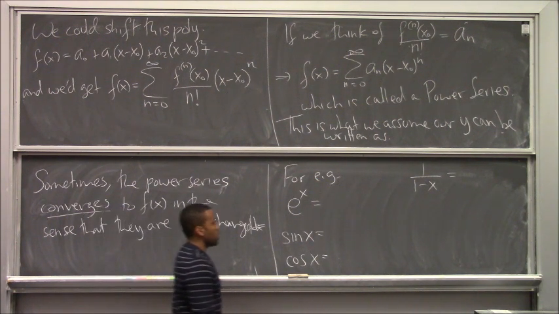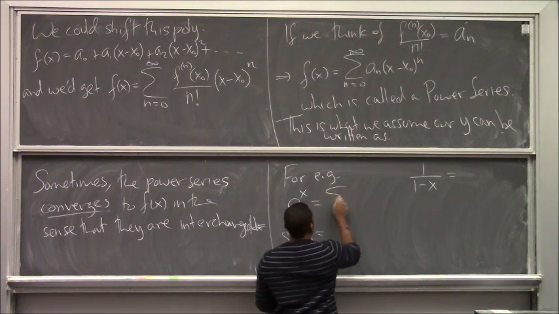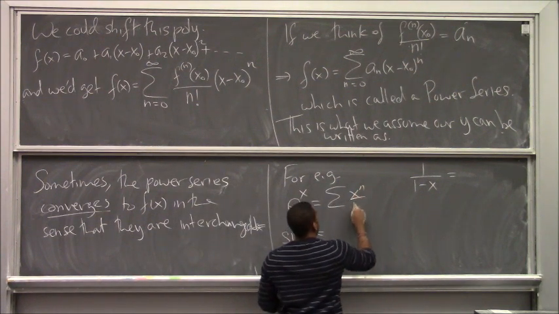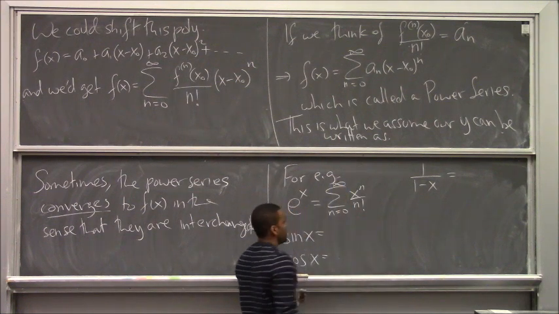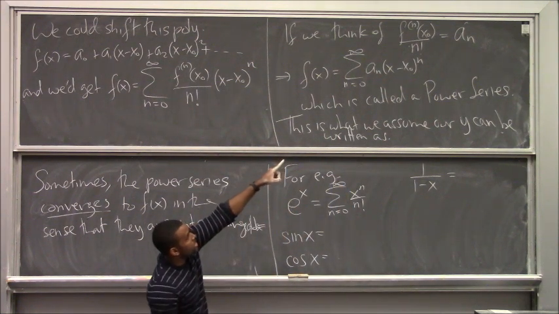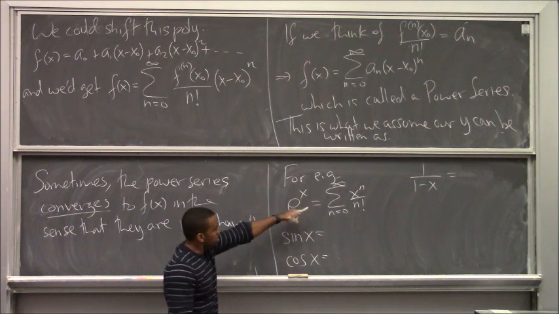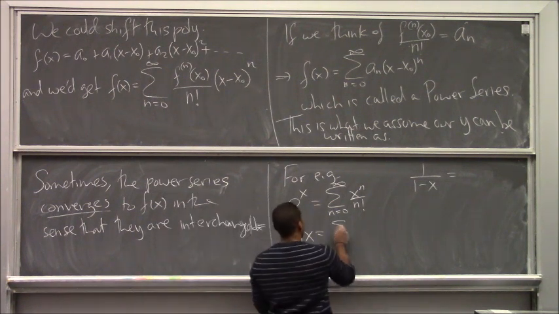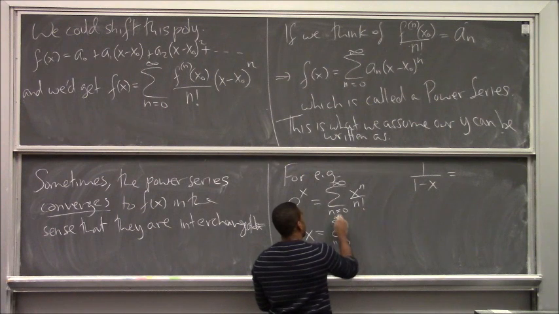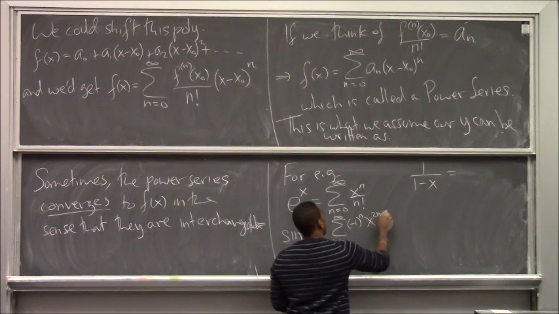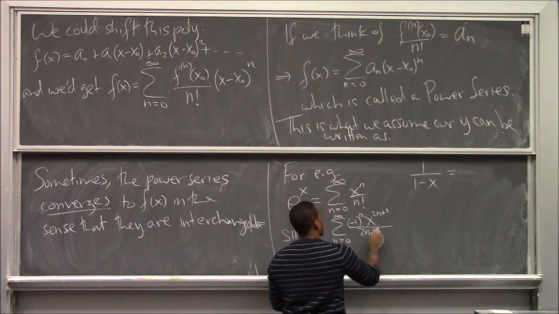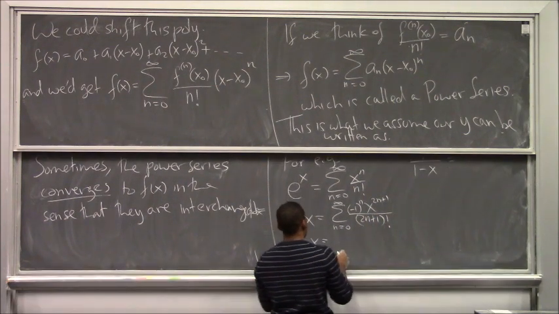e to the x is the sum of x to the n over n factorial. By the way, these are the Maclaurin series. So I can do that formula for e to the x, and I can ultimately derive that. For sine, it's x to the 2n plus 1 over (2n plus 1) factorial.